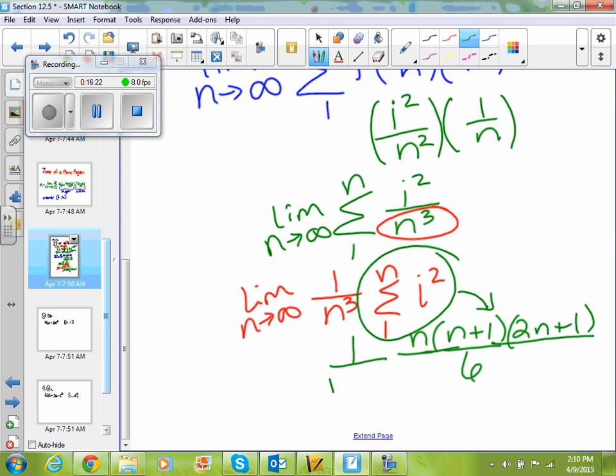I still have 1 over n cubed, and I still have my limit as n is approaching infinity.